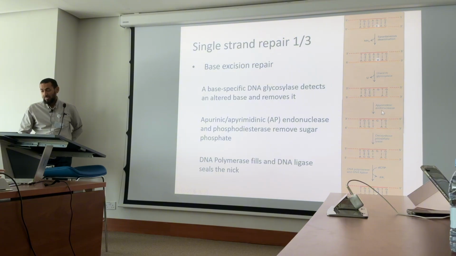Then you'll end up with an apyrimidinic site, so you need an apyrimidinic endonuclease. It's a nuclease that cuts the strand which has no pyrimidine. So this is the area that it will work with. It will cut the strand, then you insert the correct match, which is cytosine.